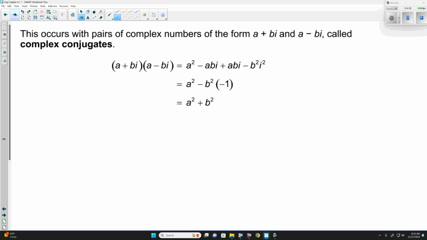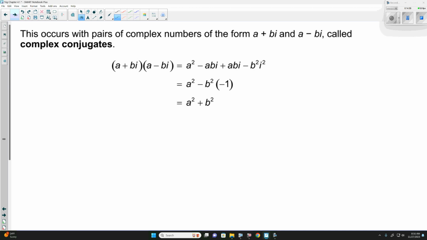Complex conjugates. This occurs when pairs of complex numbers of the form a plus bi and a minus bi are called complex conjugates. So whenever we have a complex number, if we change the sign in front of the i, our imaginary term, it is its complex conjugate.